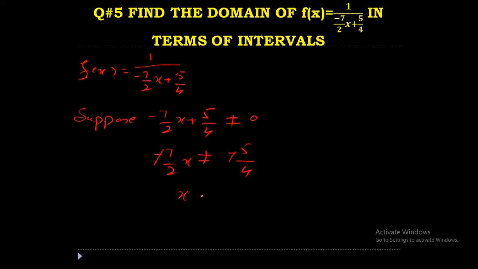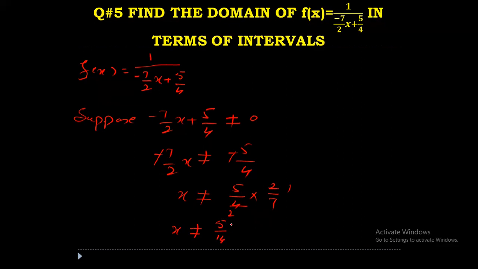So x should not be equal to 5 over 4 multiplied by 2 over 7. So 2 ones are 2 and 2 twos are 4. x should not be equal to 10 over 28, which is 5 over 14.